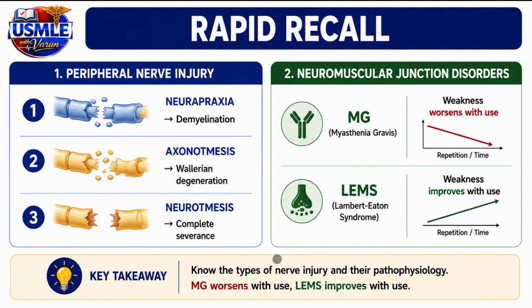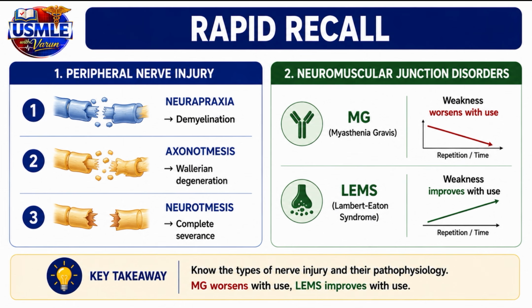Now let's quickly revise what we have learned in this module. Neurapraxia is the mildest form of peripheral nerve injury, characterized by simple demyelination, whereas in axonotmesis there is Wallerian degeneration with intact connective tissue sheaths. So it usually carries a better prognosis when compared to neurotmesis.